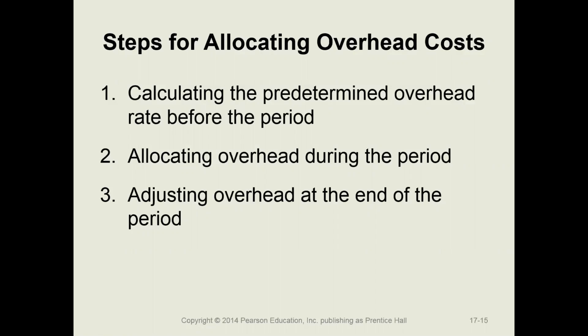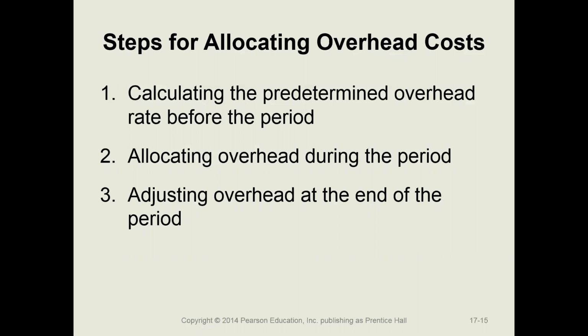We're not going to know what the actual amounts are till the end of the period, but we need to know how much overhead to allocate to jobs during the period as the jobs are being done. So we can't wait until the end of the period to get the rate of overhead to charge.